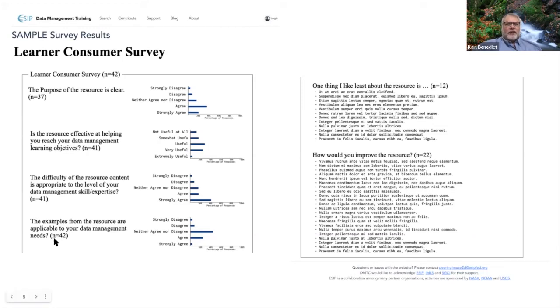In this case, these are questions that have sort of qualitative options that folks could choose one of, and then summaries of those, and then also some of the free text responses, and of course gibberish lorem ipsum text, but sort of the potential layout and presentation of that information as well.